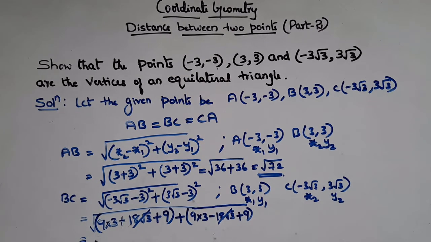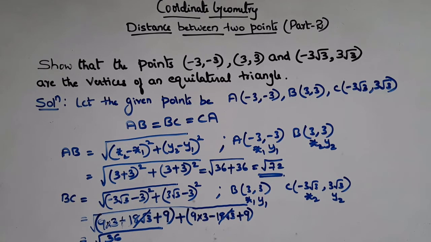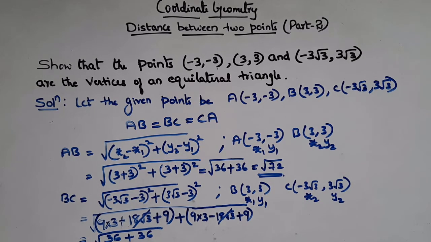We have square root of 9 3s are 27, 27 plus 9 is 36, plus 9 3s are 27, 27 plus 9 is 36, right? So this will give you square root of 36 plus 36 is 72.